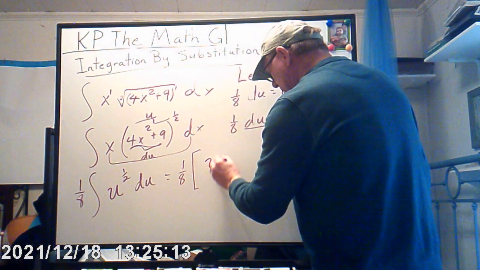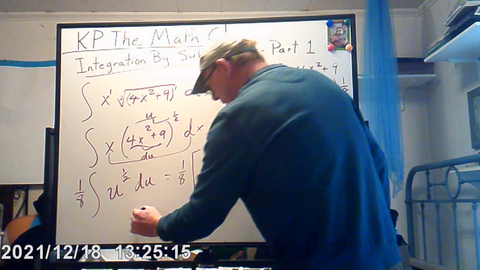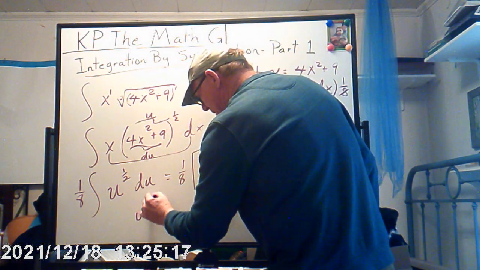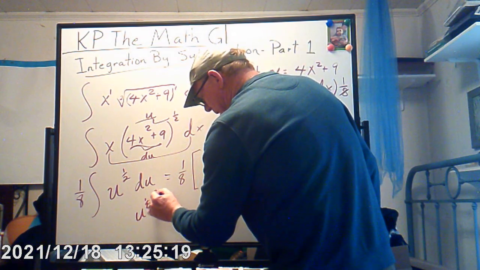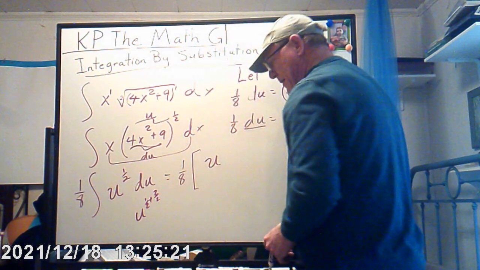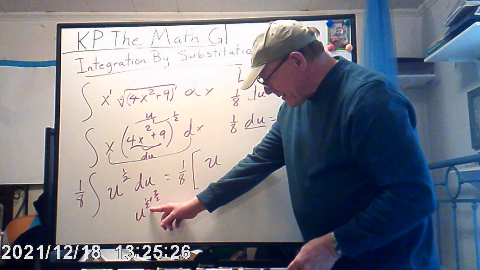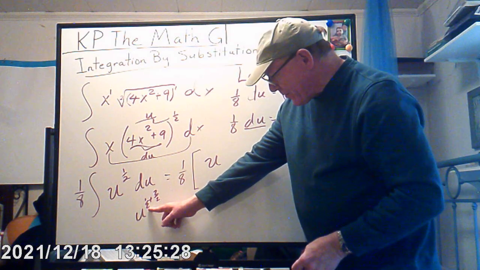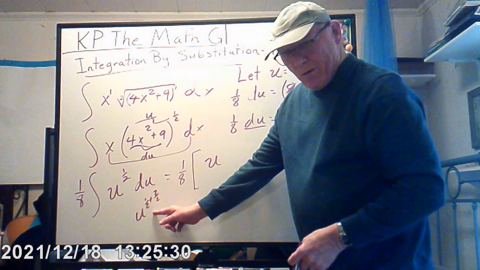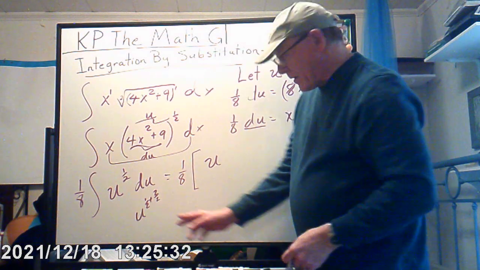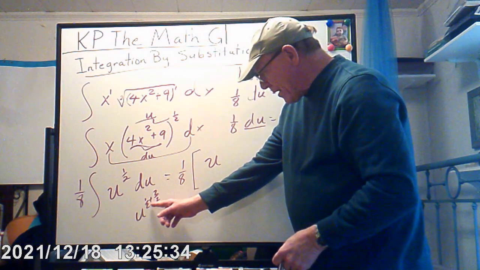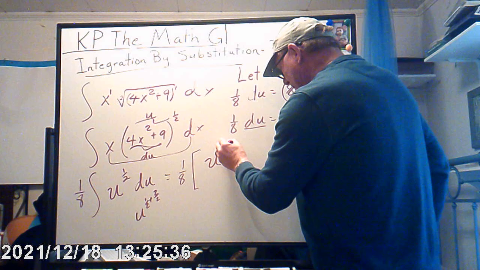Now remember, add 1 to 1/2, so u to the 1/2 plus 1, which is again 2/2. Always pick that same denominator. If it had been a 1/3, I would have made this 3/3. If it had been a 1/4, I would have made this 4/4. I'm adding 1, so this is 3/2.